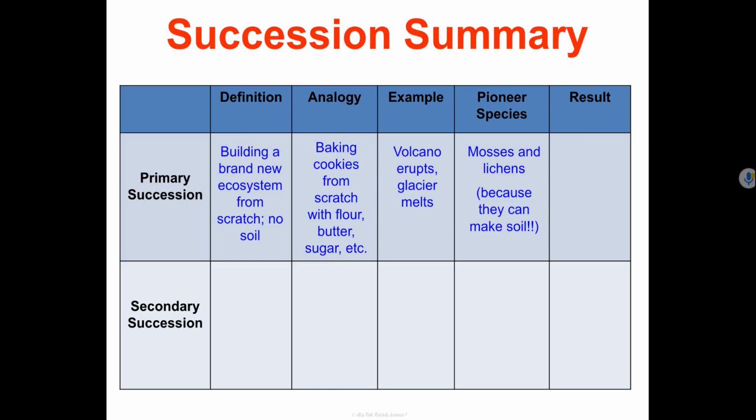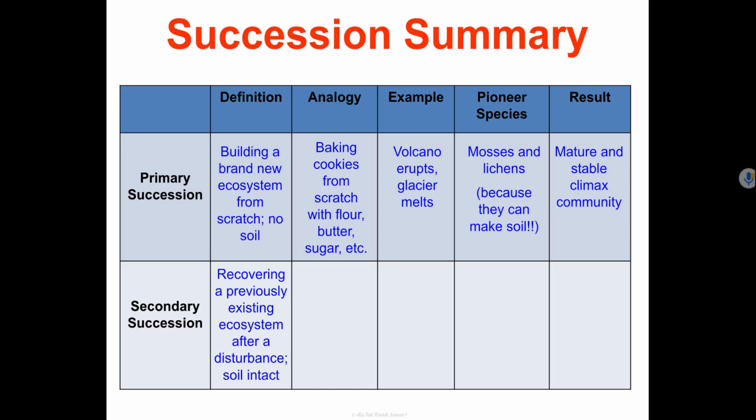In primary succession, the pioneer species are mosses and lichens because they can make soil. And the result of primary succession is a mature and stable climax community. Secondary succession recovers a previously existing ecosystem after some kind of disturbance. In this case, there is still soil present, so you don't have to start from scratch.